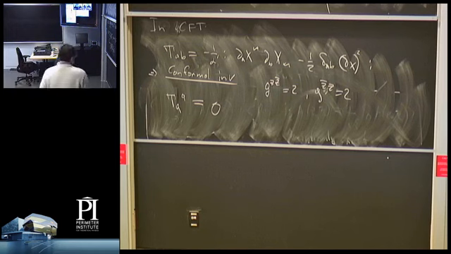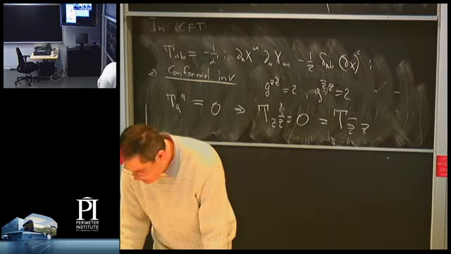So what this tells me, the fact that the stress energy tensor is traceless, if I go to holomorphic and anti-holomorphic variables, is that this guy, for example, vanishes, and this guy vanishes.